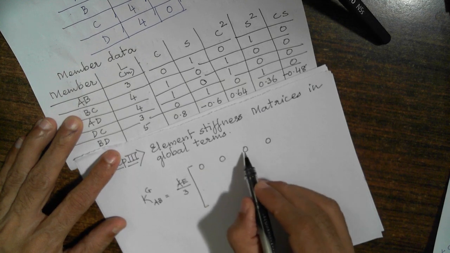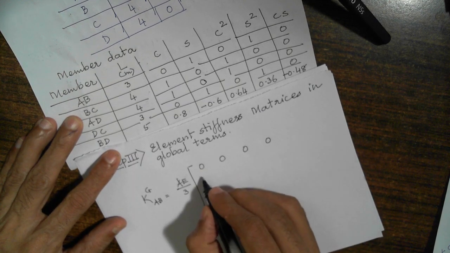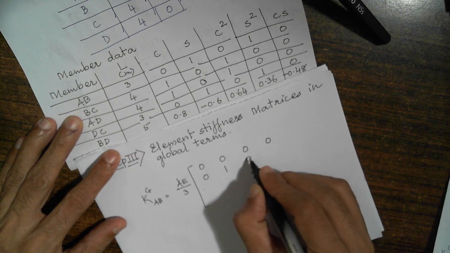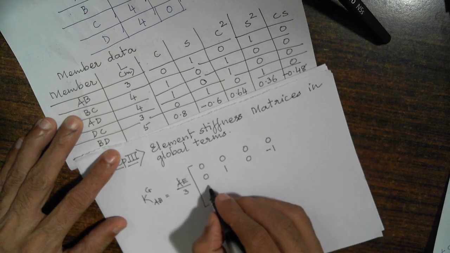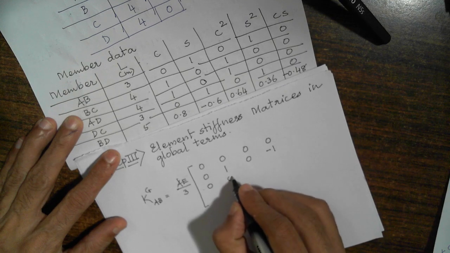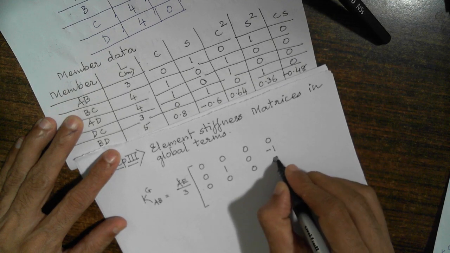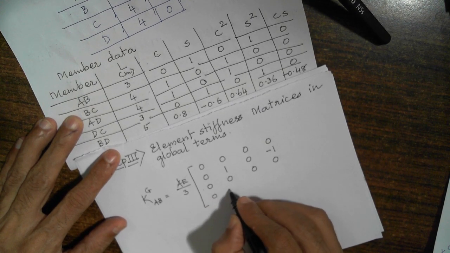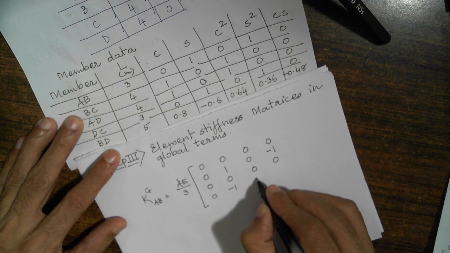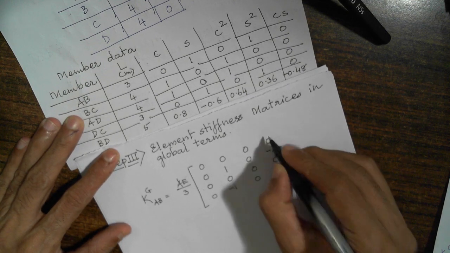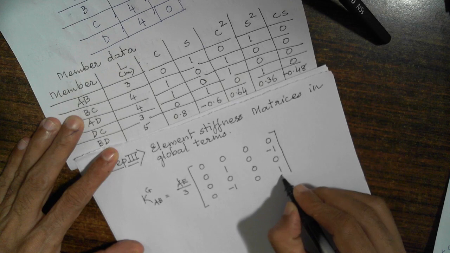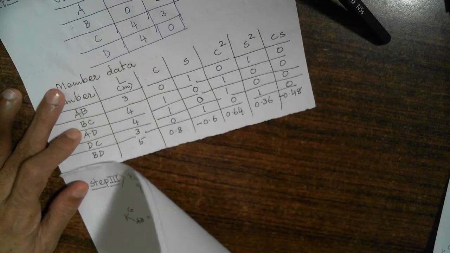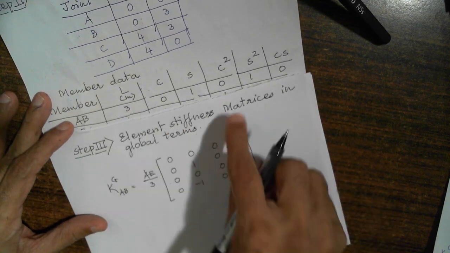C square, CS, minus C square, minus CS. Now CS, S square, minus CS, minus S square, minus C square, minus CS, C square, CS and CS, minus S square, CS, S square. So this is the global stiffness matrix for my element AB, AE upon L, and this is element AB. So I just put the values.